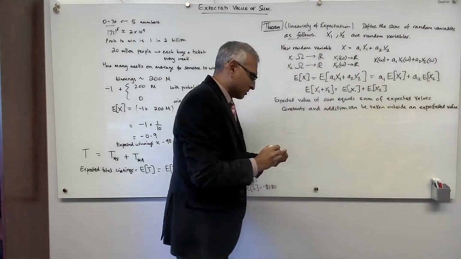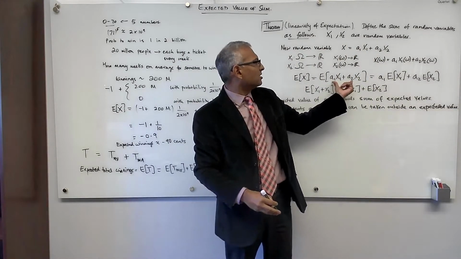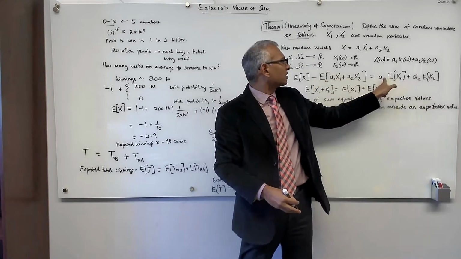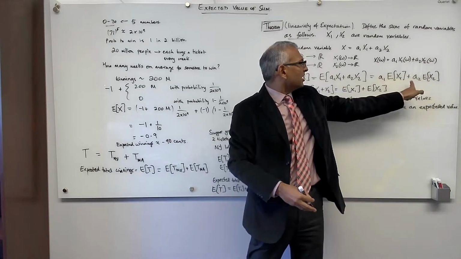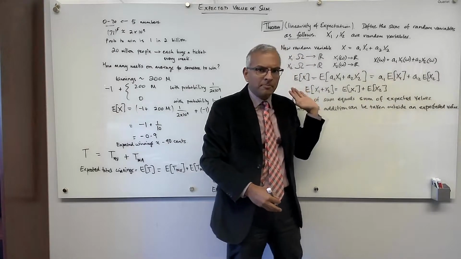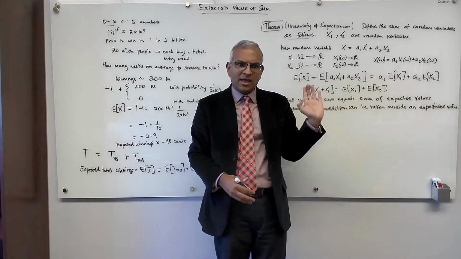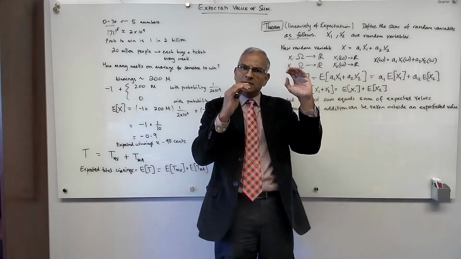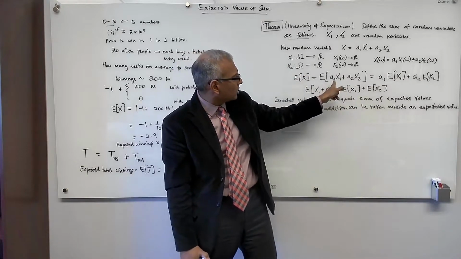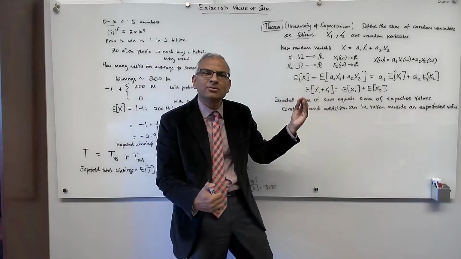And you might ask, what the heck does that mean? Because here we have constants and an addition inside an expected value, and now I've taken the constants outside, and I've also taken the addition outside. If you think back, when we did summation, we had the constant rule and the addition rule. And that's exactly what is going on here. A constant can be pulled out, so an expected value is like a sum.